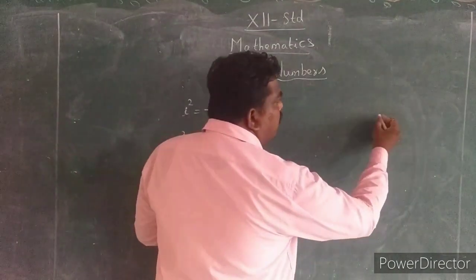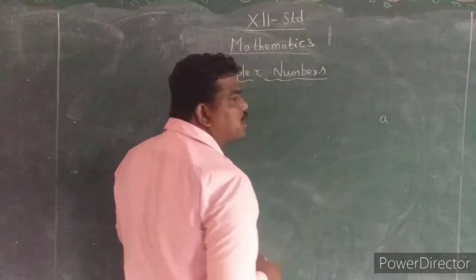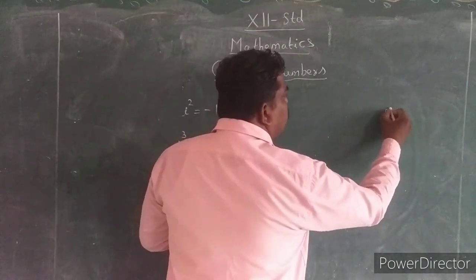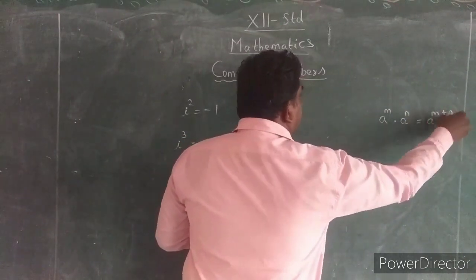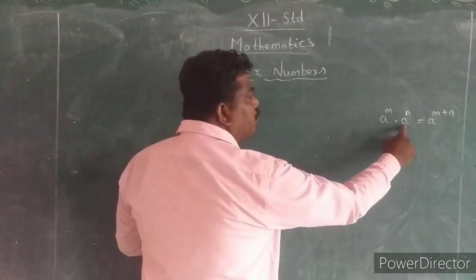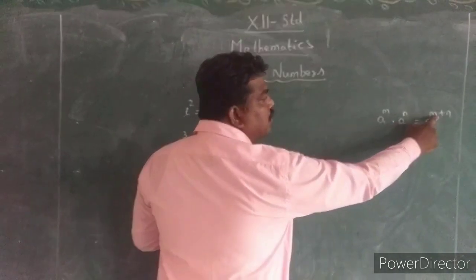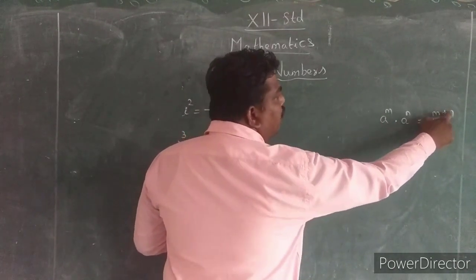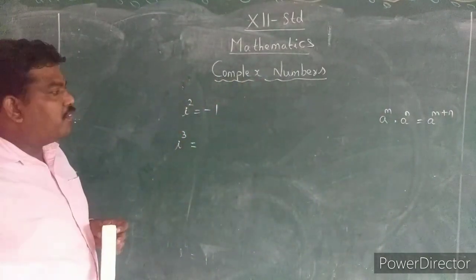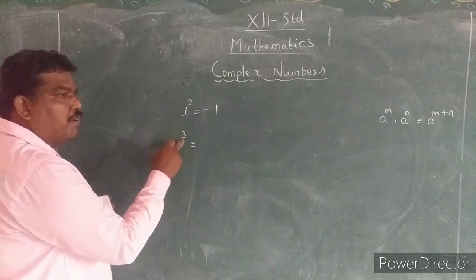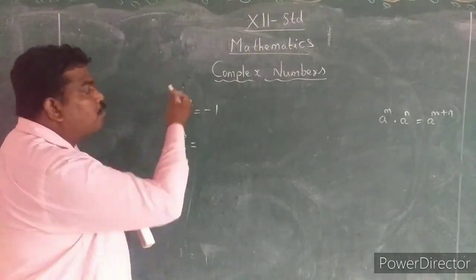In lower classes, 9th standard level, you have an algebraic formula: a power m into a power n is equal to a power m plus n. If the bases are the same, you can add the powers. If the base is the same and the power is in addition, you can split the powers. So by using that algebraic formula, we can split the power by a known power.